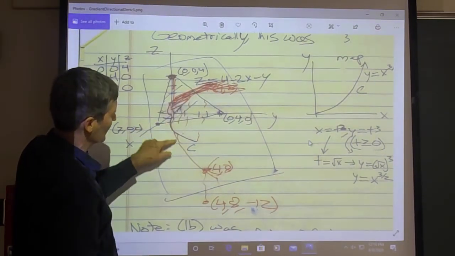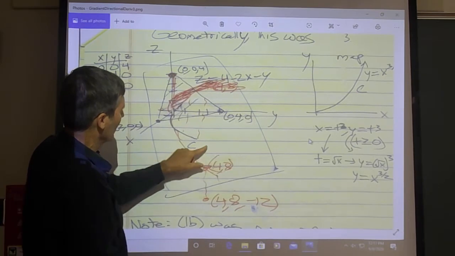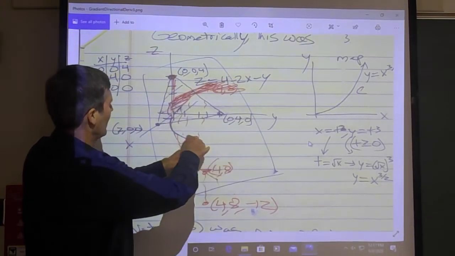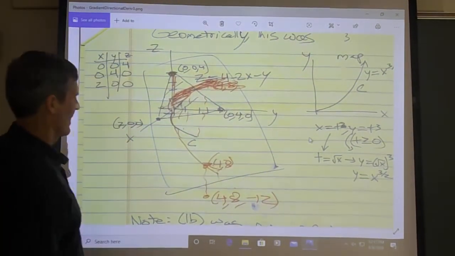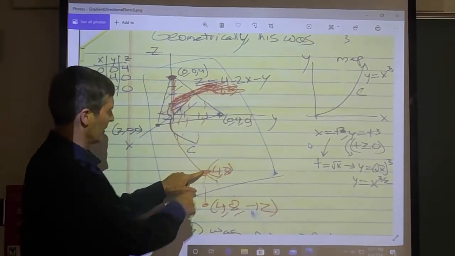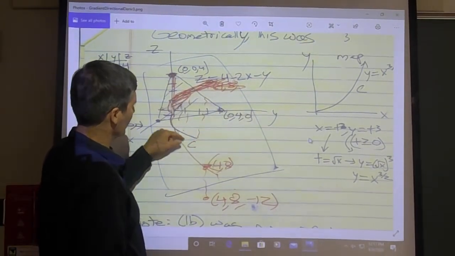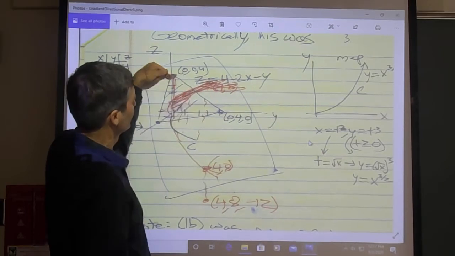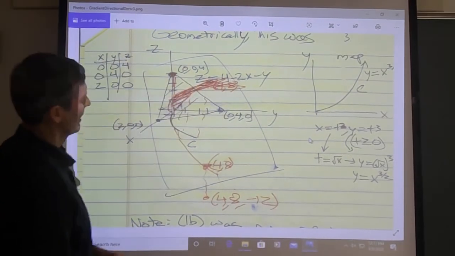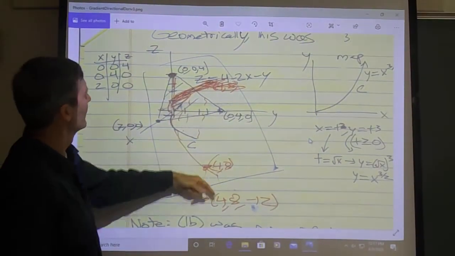What rate are we descending when we're at the point 4, 8, along this curve? Yeah, 4, 8 minus 12 is down here. And when we're at this point along Mount Tilted Plane, at what rate are we descending?